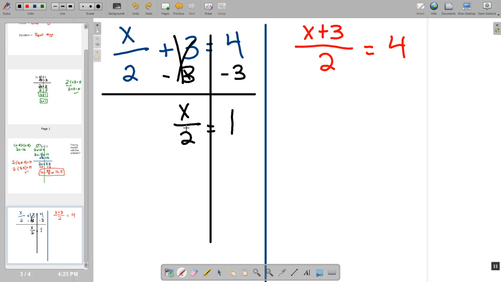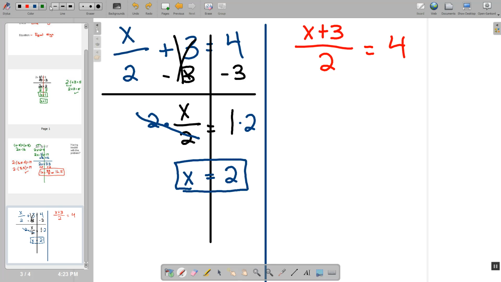X is being divided by 2. The opposite of dividing by 2 is multiplying by 2. Dividing by 2, multiplying by 2 are opposites, so we just have x or 1x left. On this side, we have just positive 2 left, so our answer is x equals positive 2.